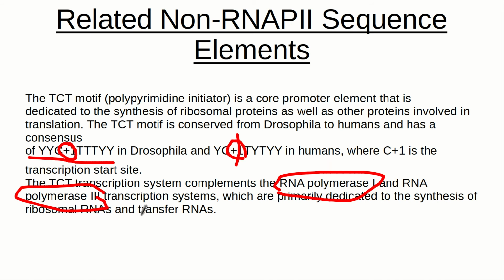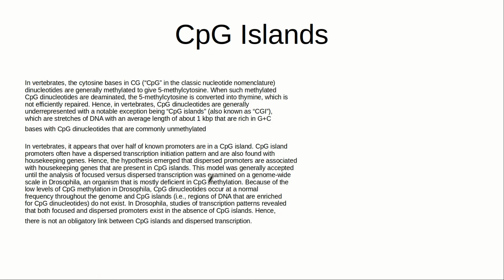You don't see it much in RNA polymerase 2, which is the one we are doing. But look for it anyhow. I don't think any of your genes are going to end up using RNA polymerase 1 or 3. These are special polymerases for making special types of proteins like the ones in the ribosome or for tRNAs and things like that.